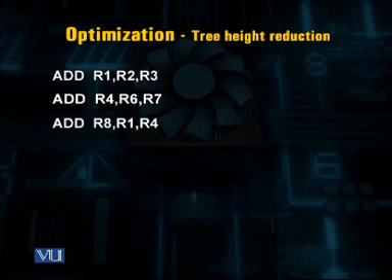As a result, this sequence can be computed in two execution cycles by issuing the first two instructions in parallel, because they do not have any dependence. Therefore, we have achieved the optimization by reducing the number of cycles to execute this code.